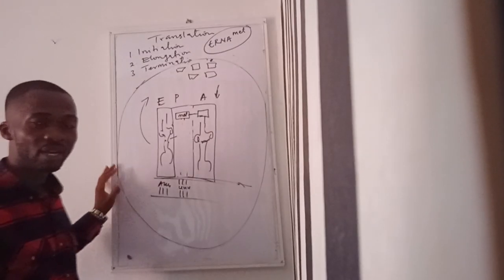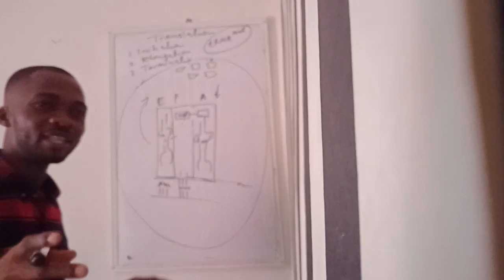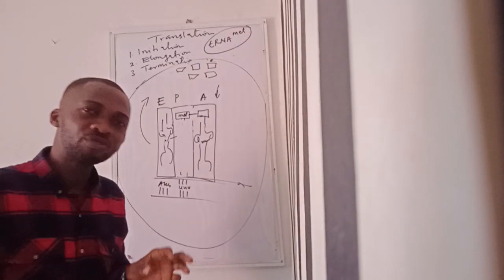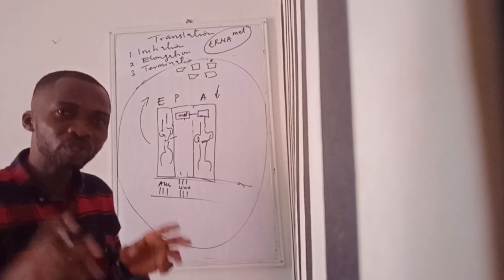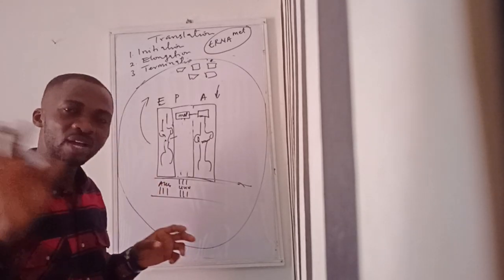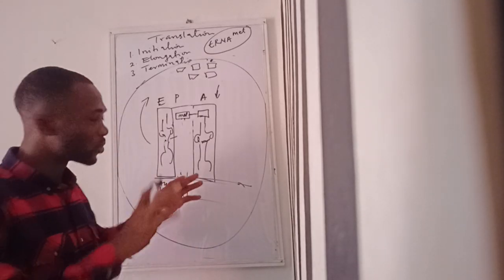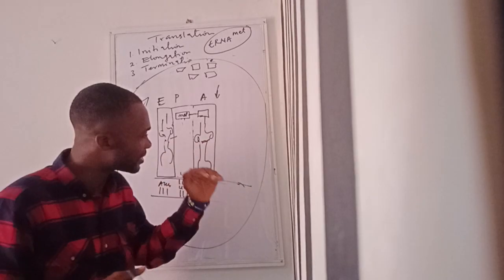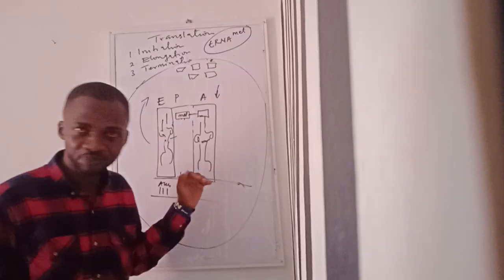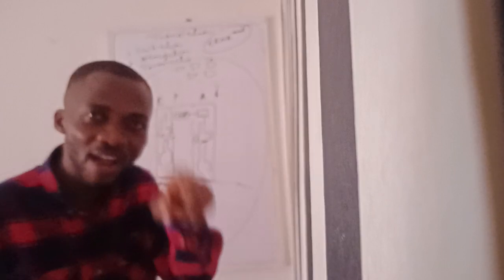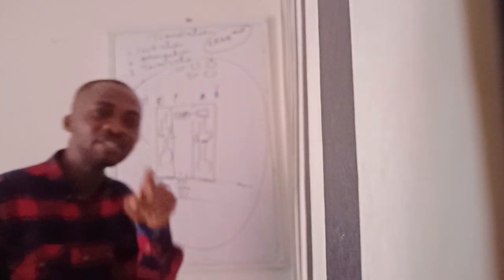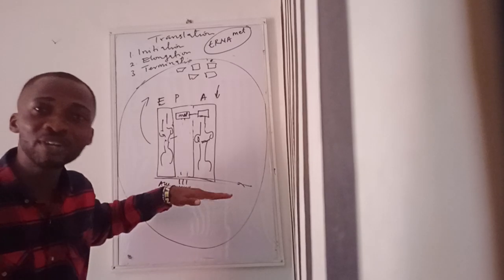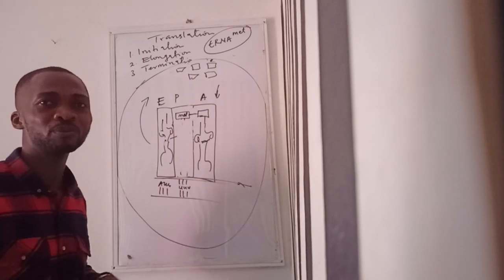So there is what we call editing of translation. Translation is edited through what is called proofreading. So within this period of delay, there is a system that checks if the transfer RNA is carrying the correct sequence of amino acids that the messenger RNA contains the information for.